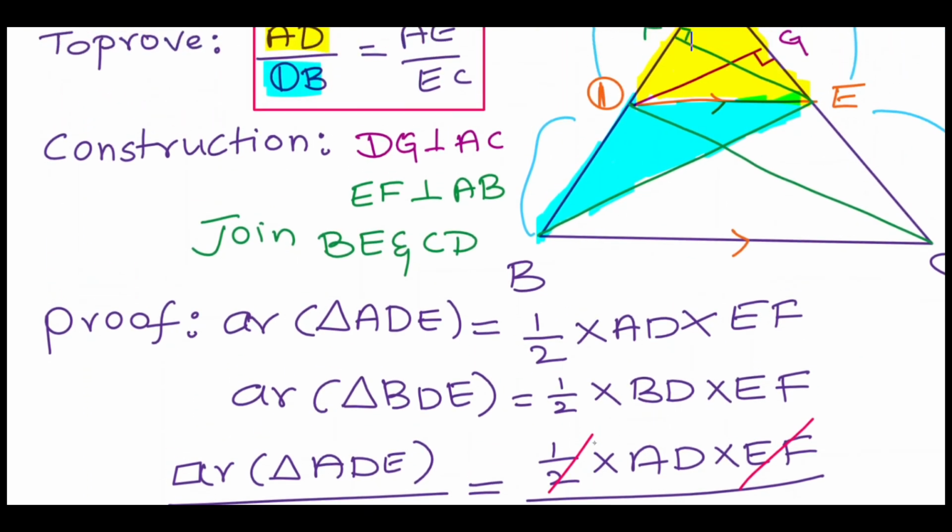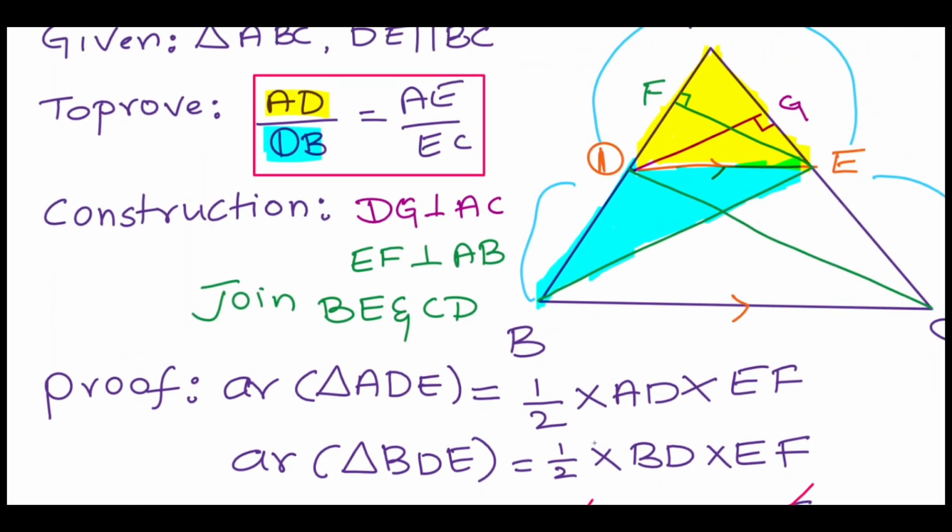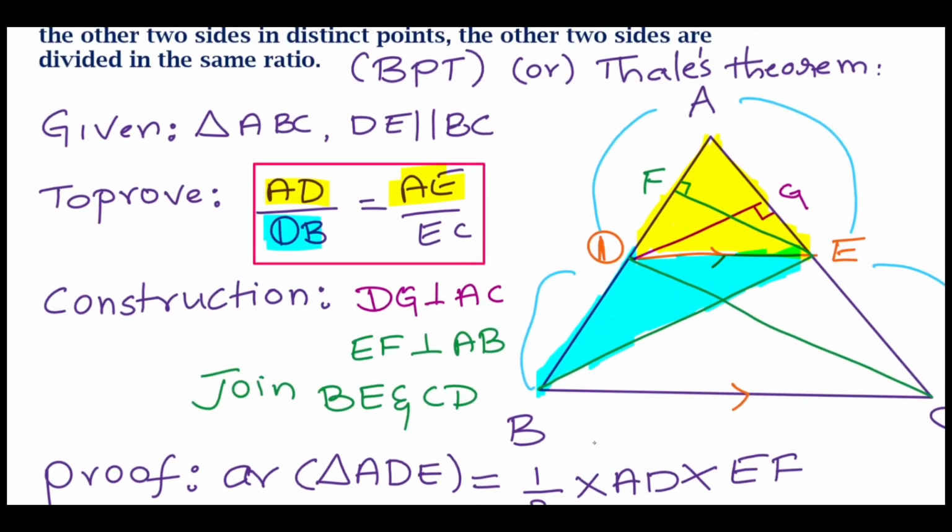The same way, what do we have on this side? AE by CE. Observe carefully here also. AE is the base. If AE is the base, we get triangle AED only. Correct?